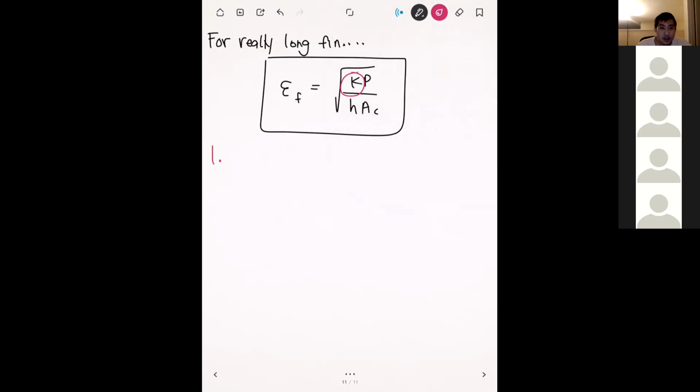Remember, k is our thermal conductivity. Since k is in the numerator of this expression, this tells us that if we increase the thermal conductivity of the fin, then it's going to increase the effectiveness.